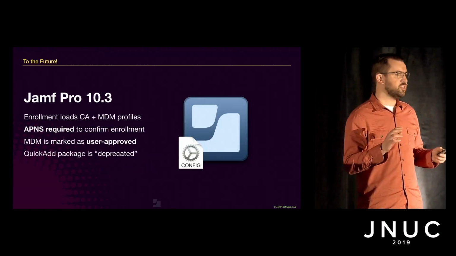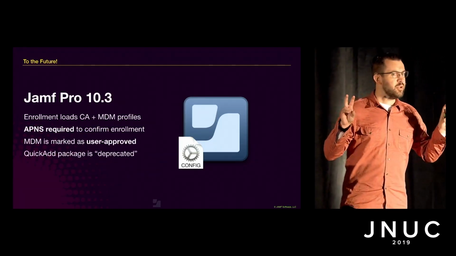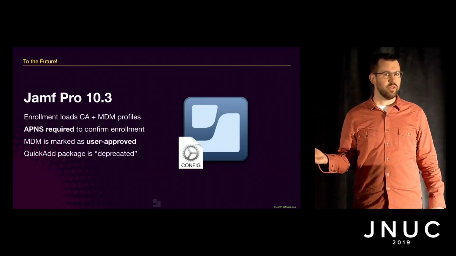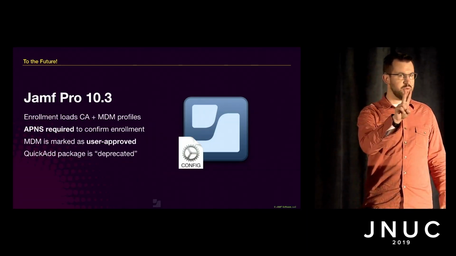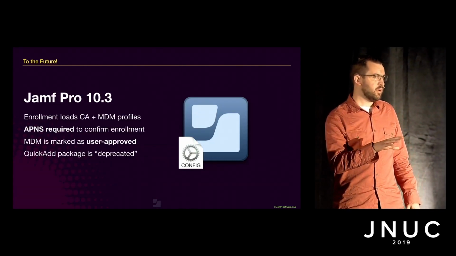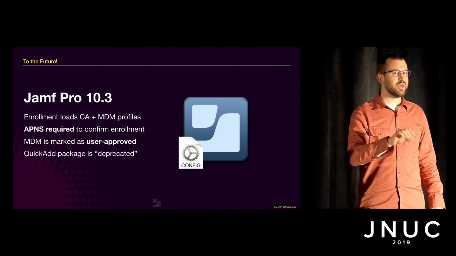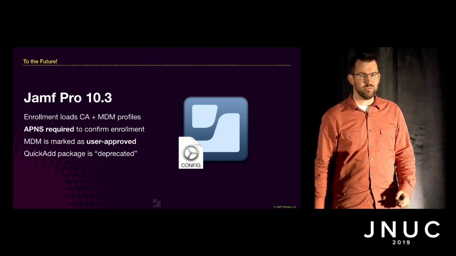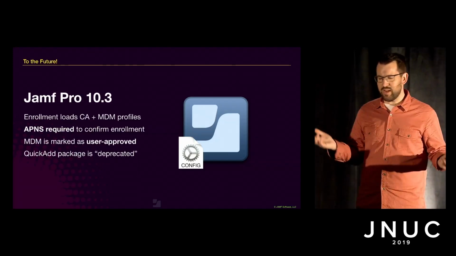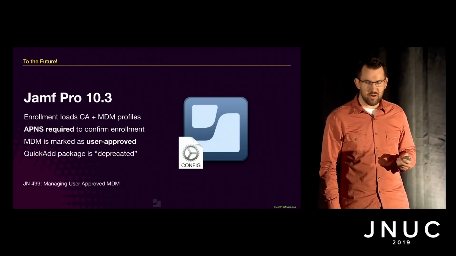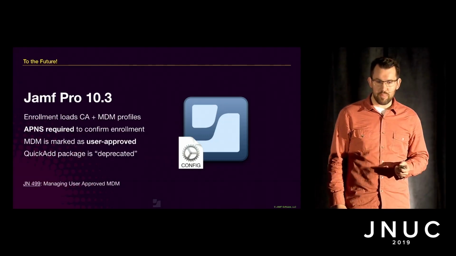The Quick Add package, Jamf says it's not deprecated, but it might as well be, because any computer that's 10.13 and above, when you go to enroll it, is going to offer you the twin profiles. The only exception is if your Jamf account or your support team gave you a custom knob to turn off to force a Quick Add package to be delivered. We did that for a while. Most environments probably never did that. There's a link to the article about managing user-approved MDM.